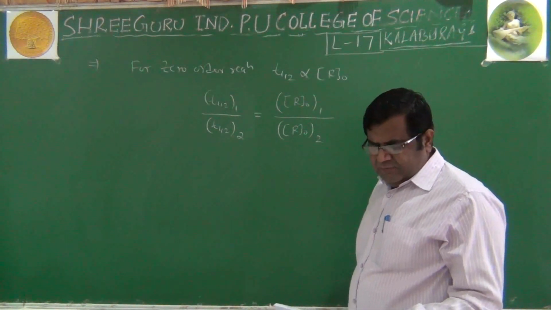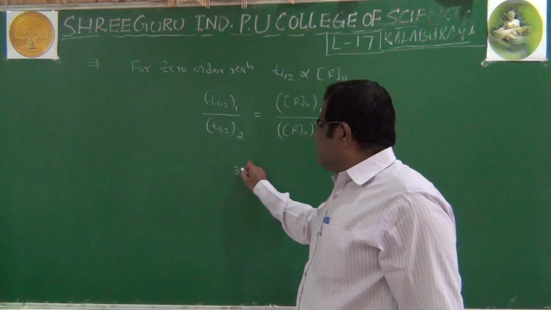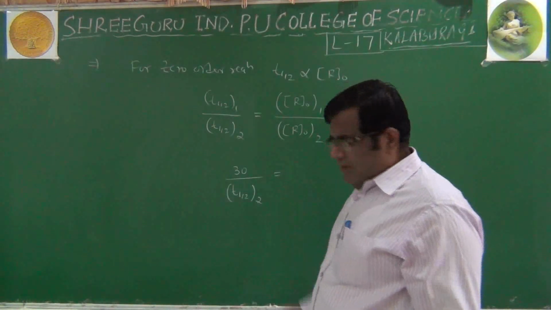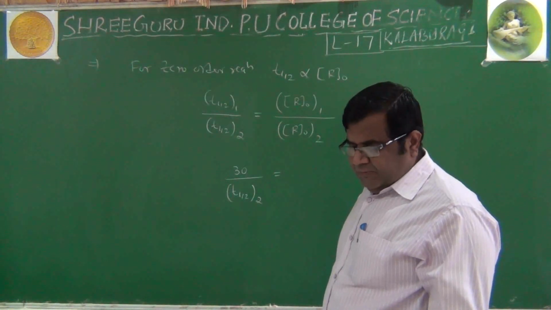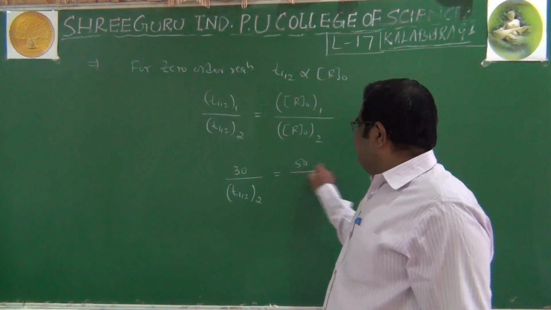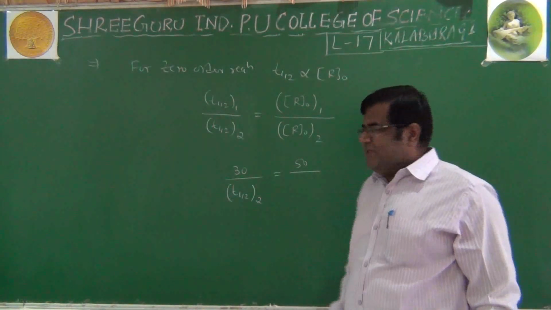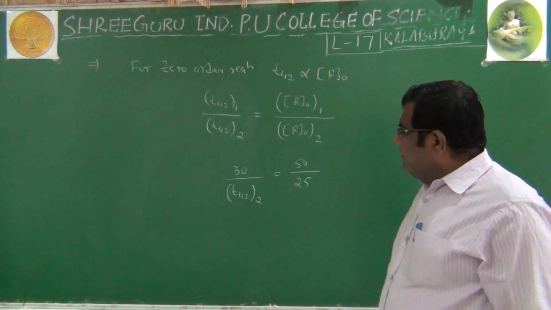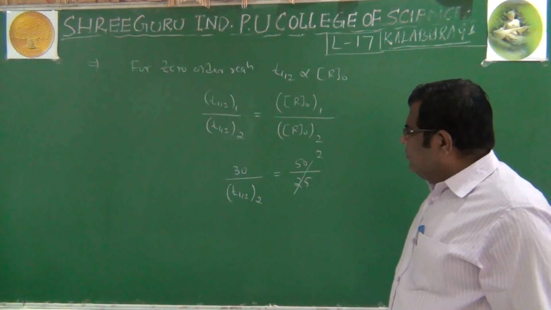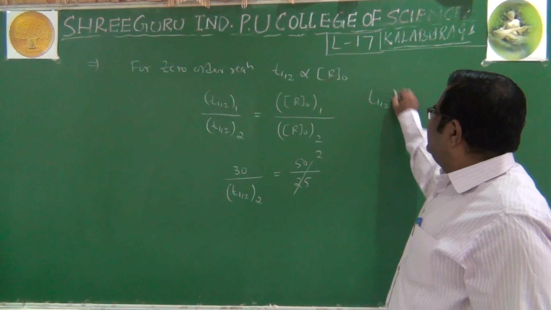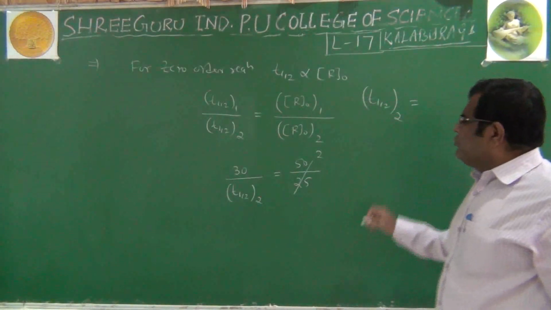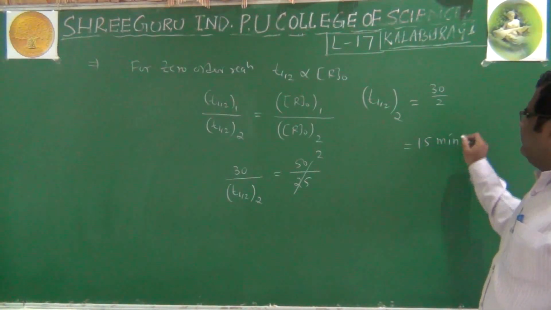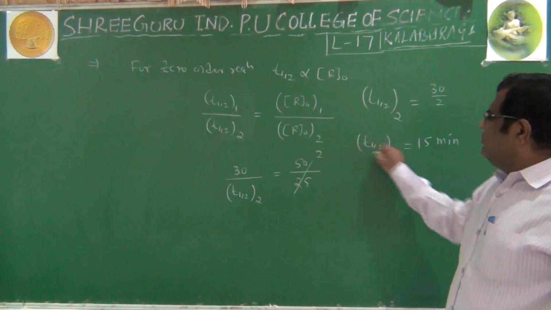The first T half mentioned is 30 minutes, and another T half is what they have asked us to calculate. The first initial concentration is 50, because it has been reduced from 50 to 25%, and the second initial concentration is 25. So we can say that this equals 2, and that's why T half 2 equals 30 by 2, and that equals 15 minutes. This is T half 2.